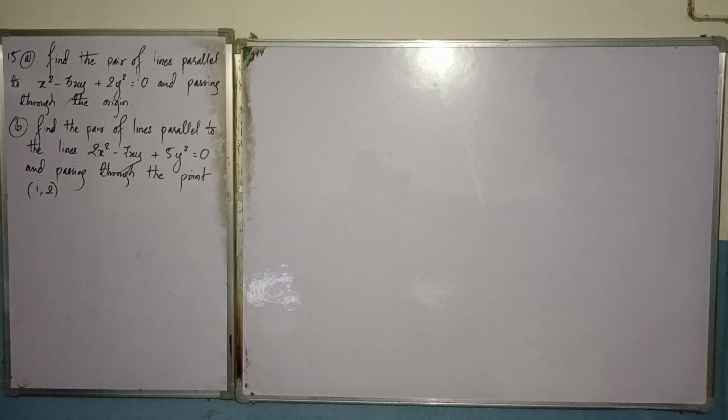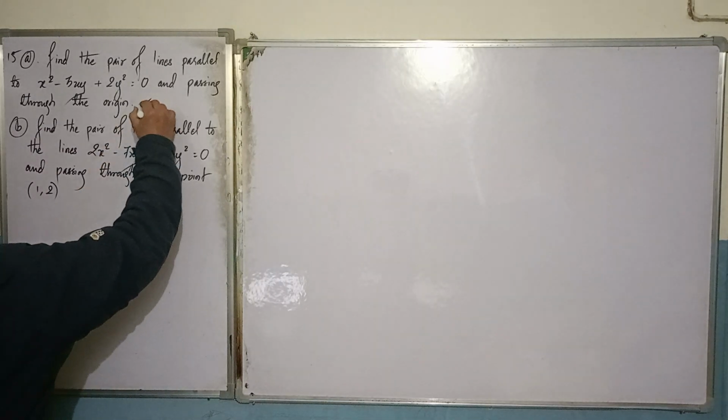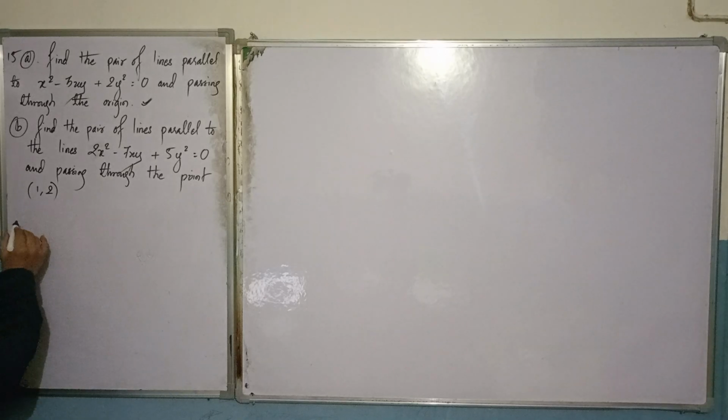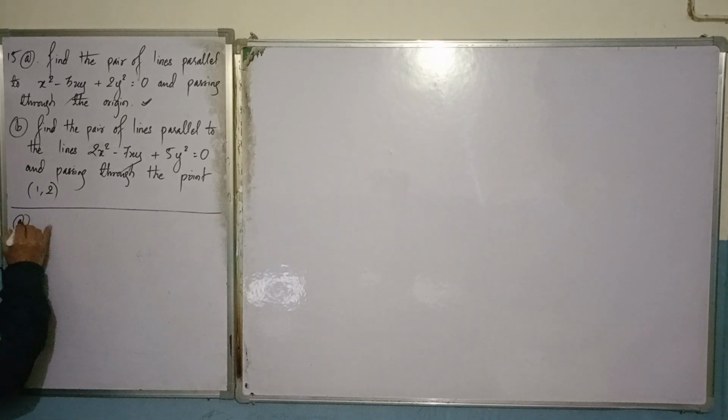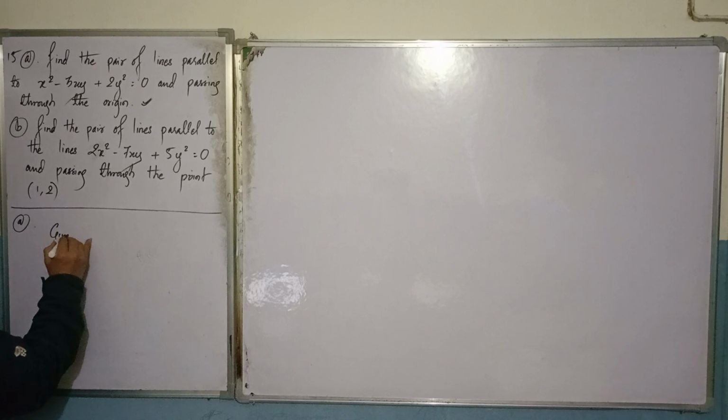Okay, now let's move on to number 15a. Find the pair of lines parallel to x squared minus 3xy plus 2y squared is equals to 0 and passing through the origin. So first I would like to cover this one question. So 15a.